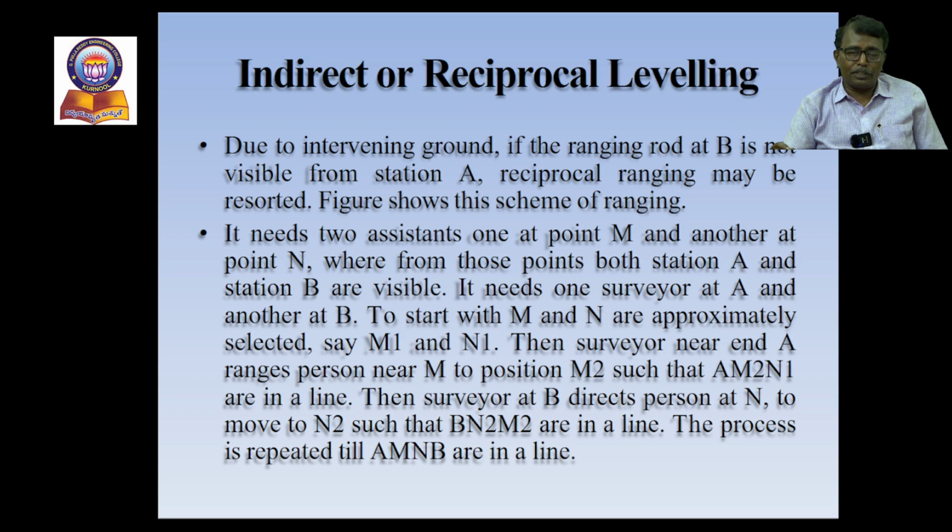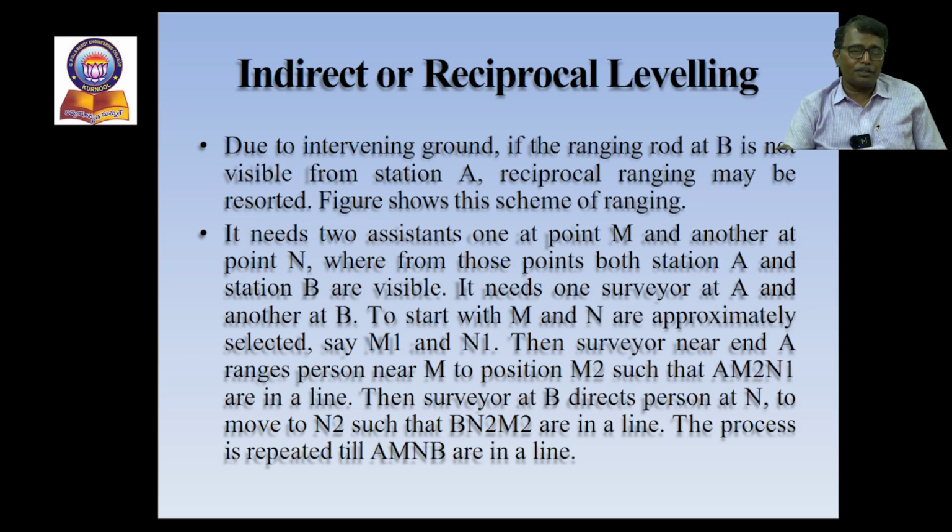To start with, M and N are approximately selected, say M1, N1. Then the surveyor near end A ranges the person near M to position M2 such that A, M2, N1 are in line. Then surveyor B directs the person at N to move to point N2 such that B, N2, M2 are in line.